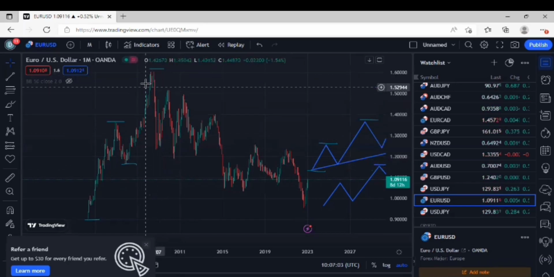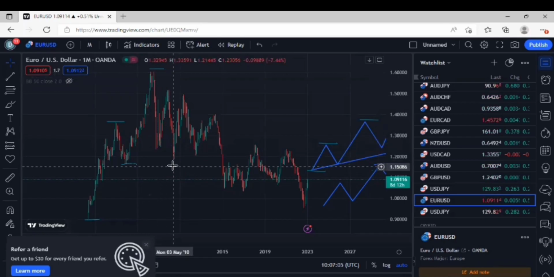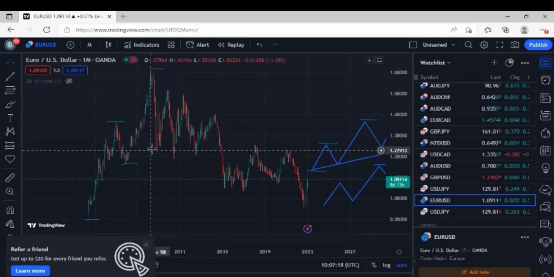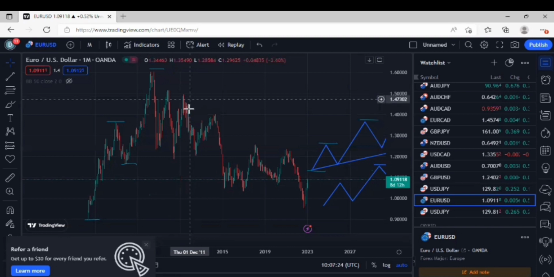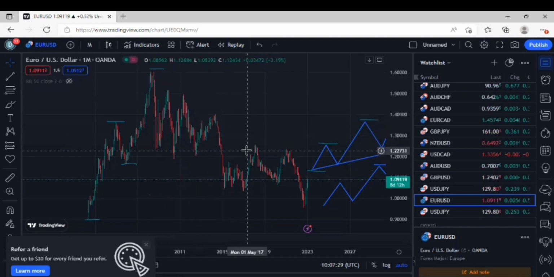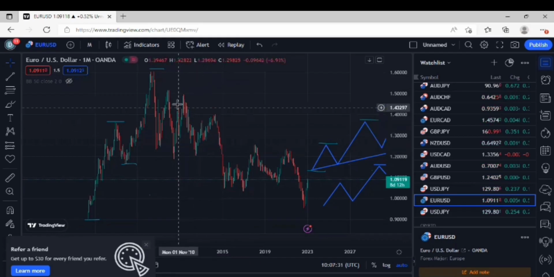So the moment you have two lower highs and two lower lows, then you have a change of trend. The moment it breaks this low here, we have a change of trend. After this pullback, the market trend direction has changed already. So this Euro USD is now in a downtrend.